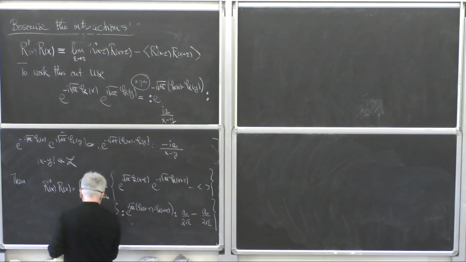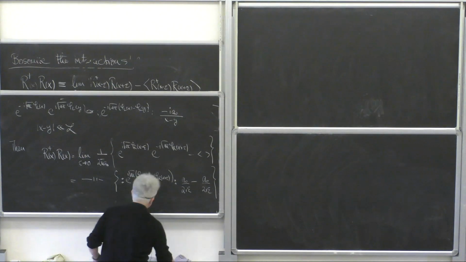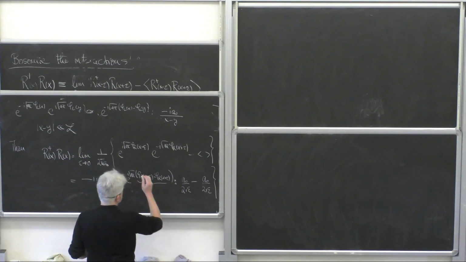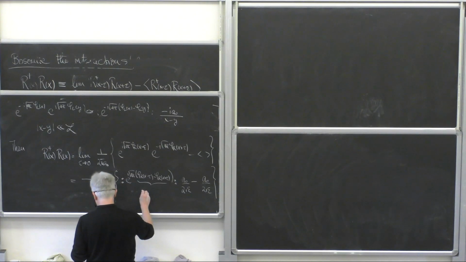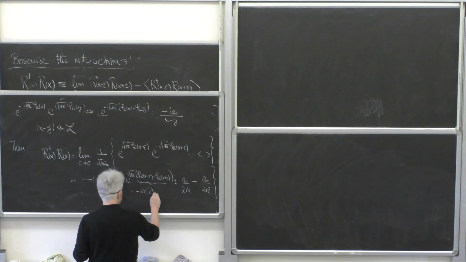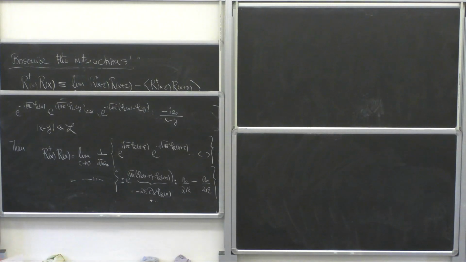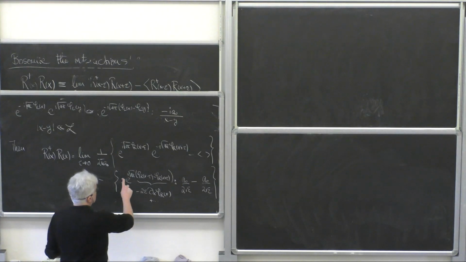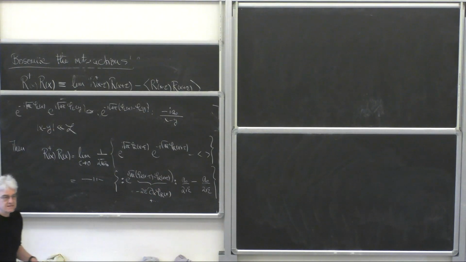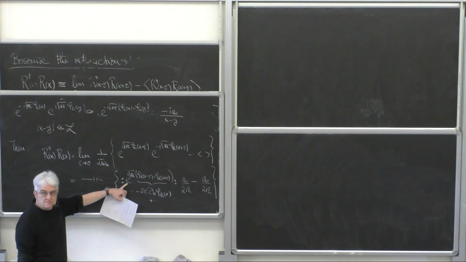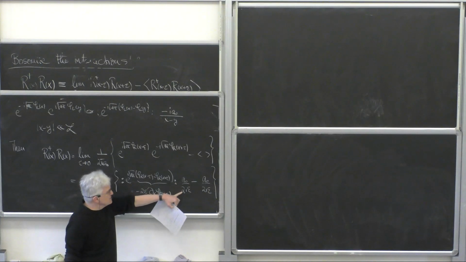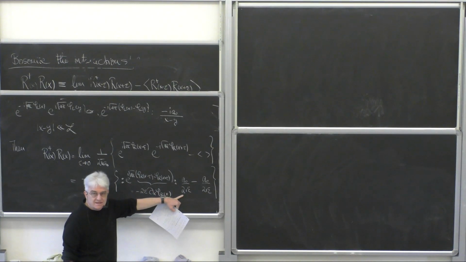Okay, and then the last step is, now you Taylor expand here in the exponent, so this becomes minus 2 epsilon d_x phi right of x plus dot dot dot, higher order terms. Okay, and now you can expand this exponential. You see the leading term is just 1. And then you get a divergent piece in the limit epsilon goes to 0.